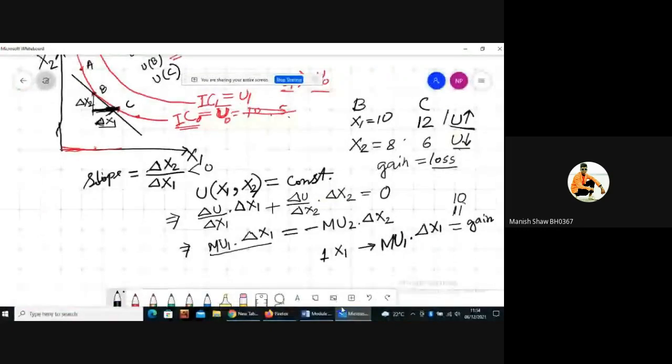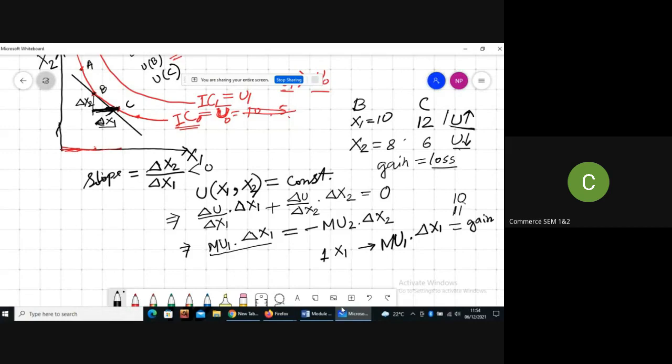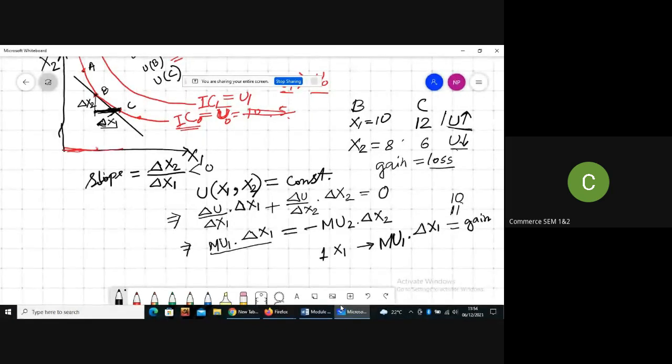Now, what about the term on the right hand side? In exactly the same way, compared to point B, at point C the consumer is sacrificing the consumption of commodity 2. Now, if the consumer reduces 1 unit of consumption of X2, how much utility will the consumer lose?